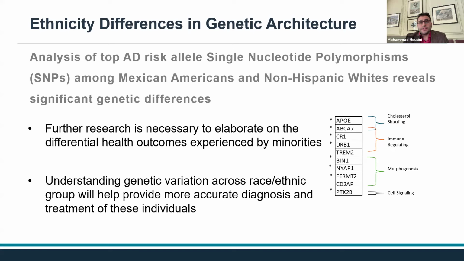And this is interesting because when we look at differences between different populations, you have to start thinking about some of the more downstream effects and manifestations of comorbidities, other things like epigenetic changes and environmental factors that can eventually affect the comorbidities that these people have. So further research is definitely necessary to elaborate the differential health outcomes that are experienced by minorities. And this helps segue into my next work.